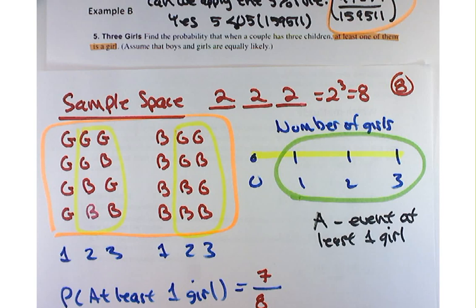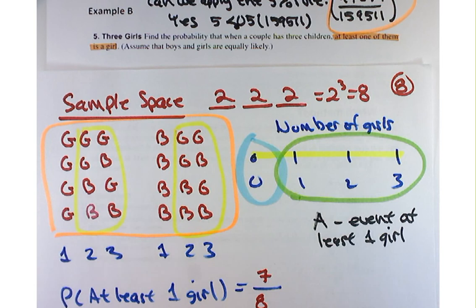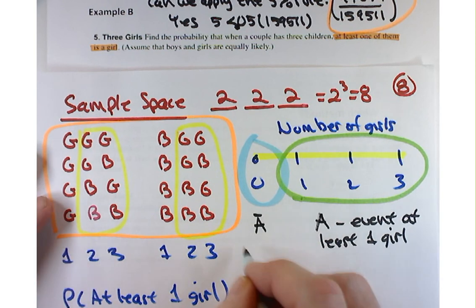Not having at least one girl. What does that mean relative to the problem? All boys. So the number of girls would be 0, right? So that's A bar, all boys.